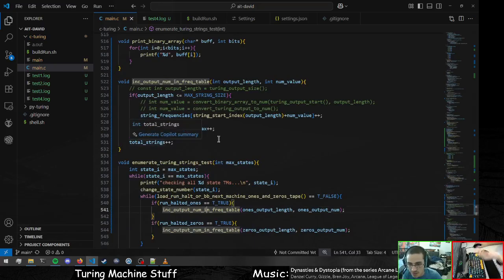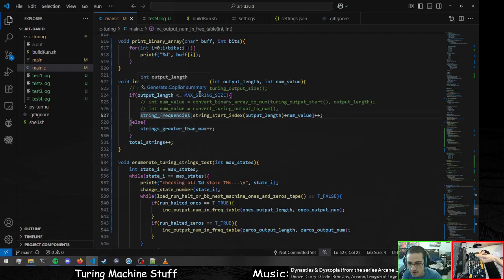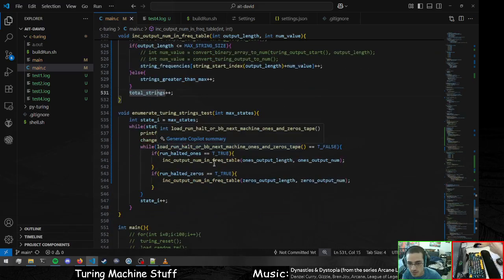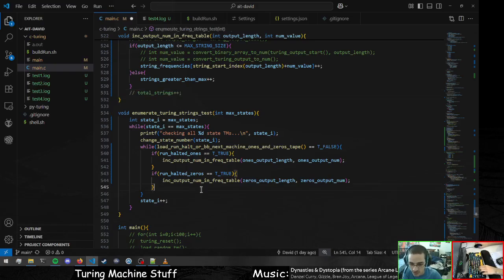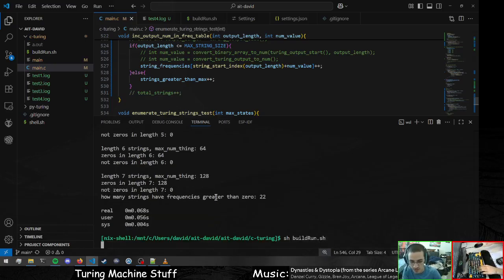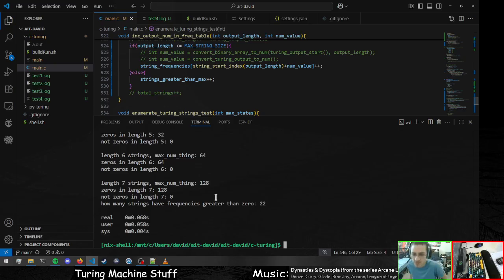So every time we run this, if it's under the thing, we put it in the string frequencies. We do count total strings every time we do this. I don't know if we're supposed to do this. I'm not really sure. So maybe we don't do this, and maybe we do like that. This seems wrong, but I'm just gonna put it anyways. It just seems wrong, but I'm gonna do it.